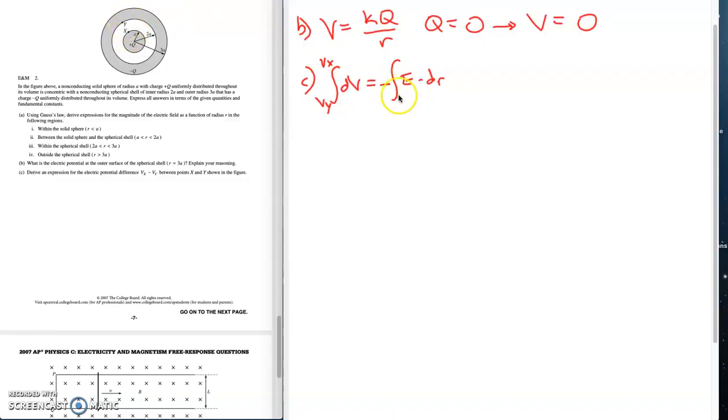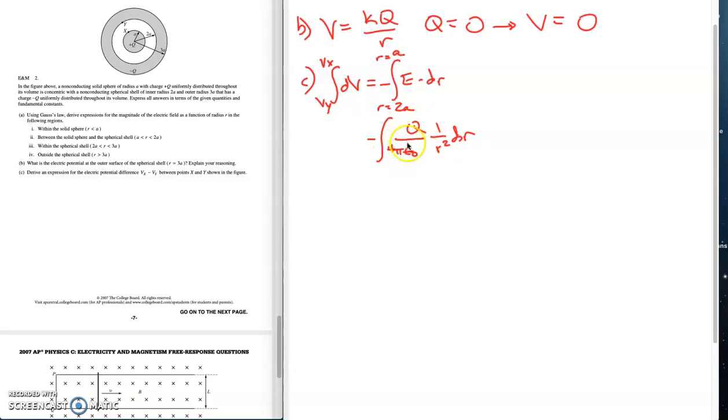So we're going to start at r equals 2a, that's where y is. And we're going to end on x, where r is equal to a. And this is in the nice, pretty place where we've enclosed all of the positive charge and none of the negative charge. So our electric field is going to be Q over 4 pi epsilon naught times 1 over r squared. Then we're going to have our dr, integral, and a minus sign.